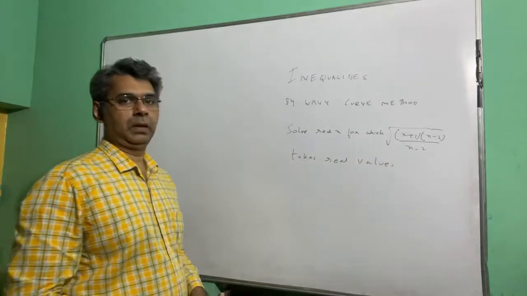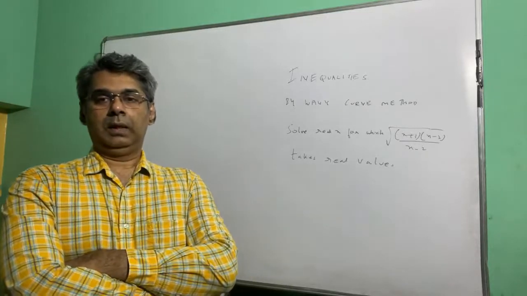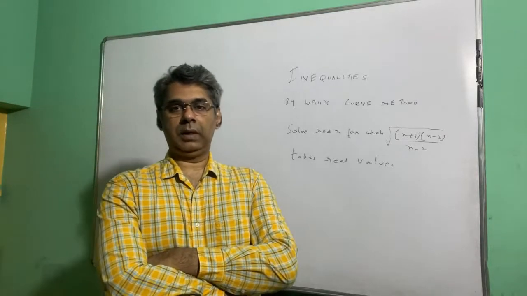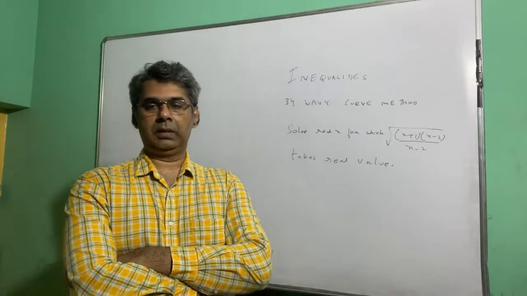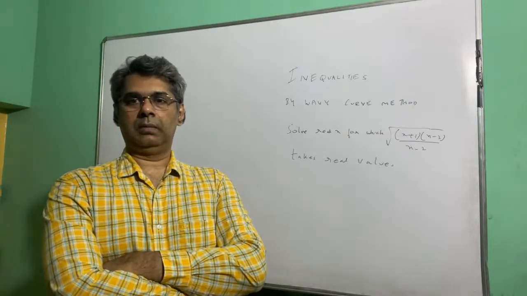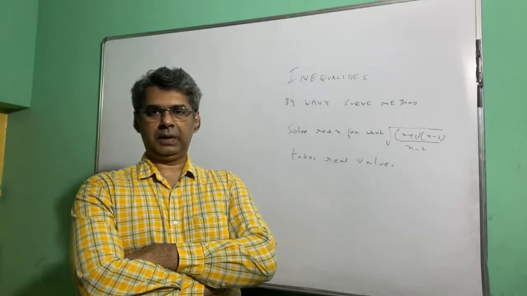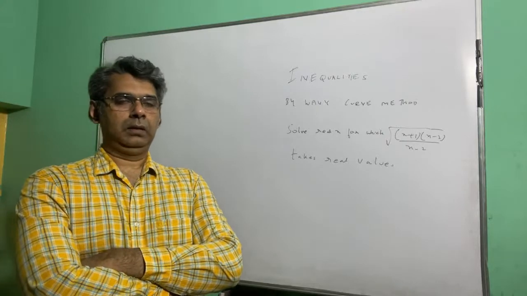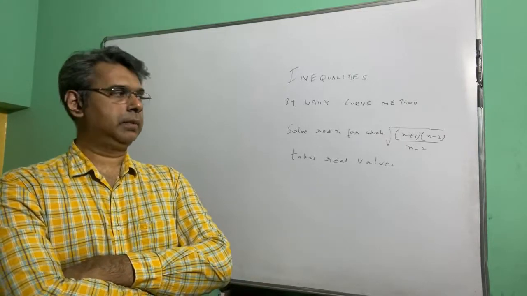Today we are going to have a class on inequalities, but essentially we will be focusing on the wavy curve method, because all the difficult sums of inequalities, or the sums which are slightly unusual, are all based on the wavy curve method.